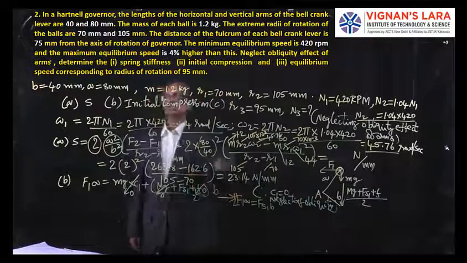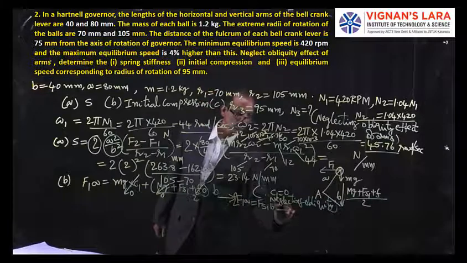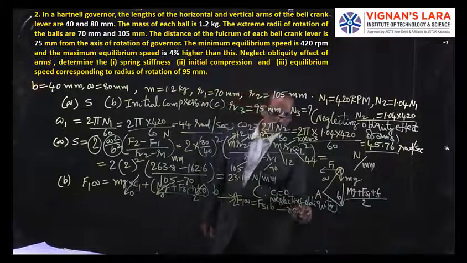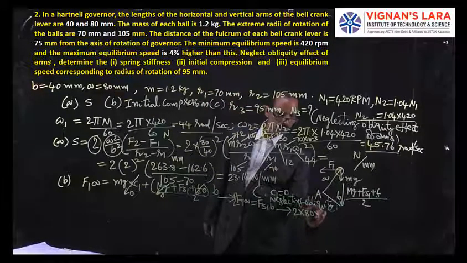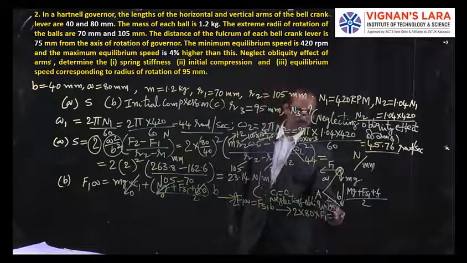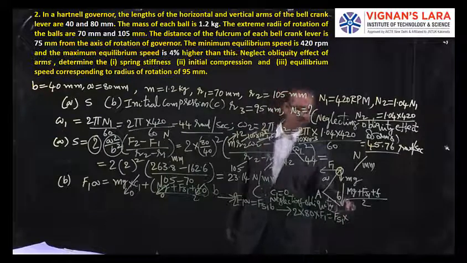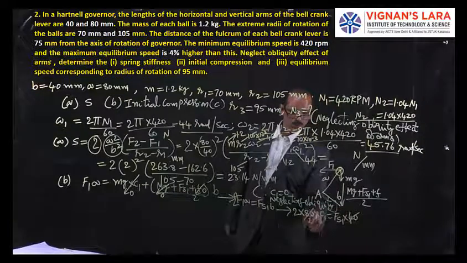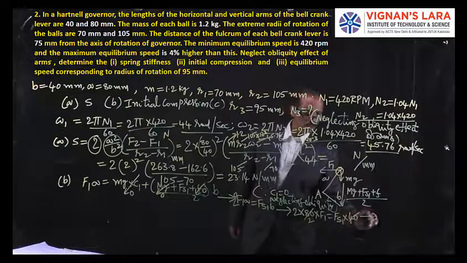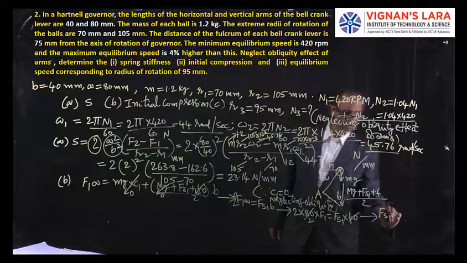So what are a and b? A is 80, so 2 into 80 into F1 is equal to Fs1 into b. B is 40. So this is 2 times. So Fs1 is equal to 4 times F1.